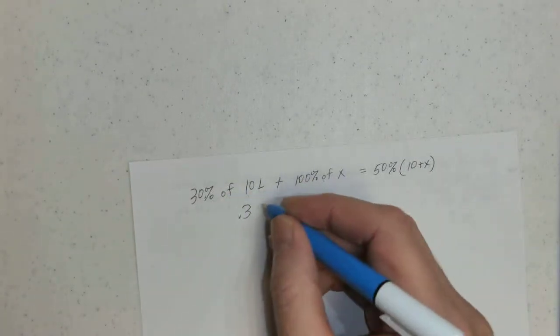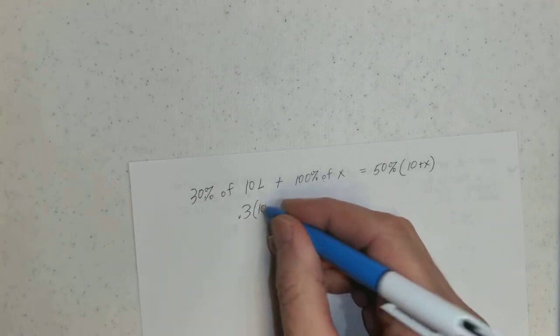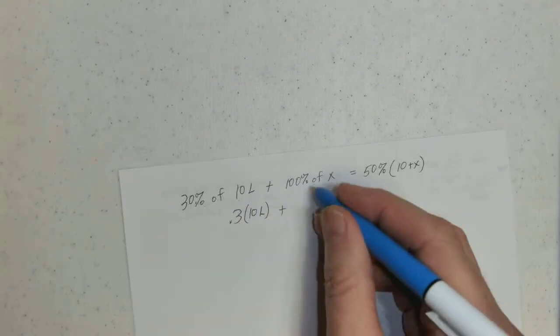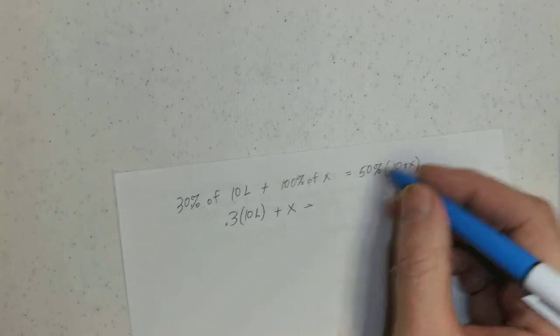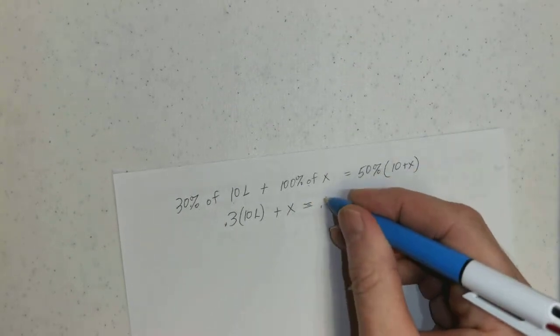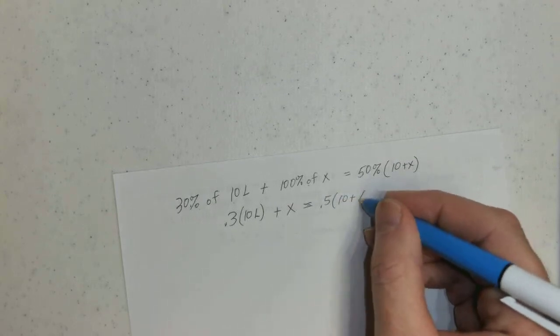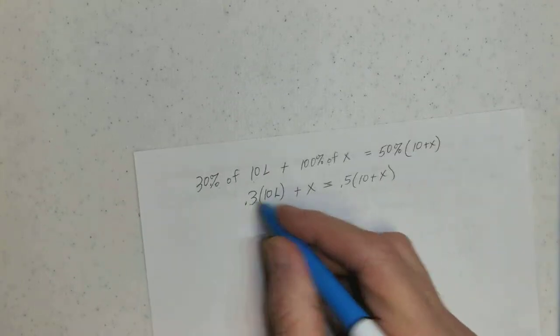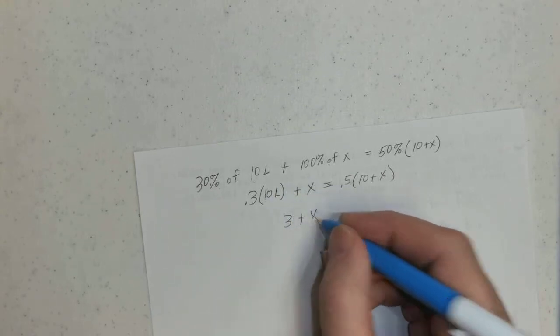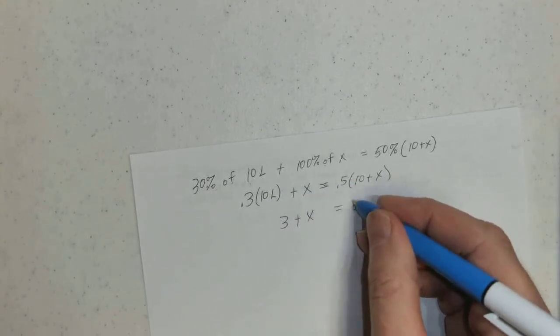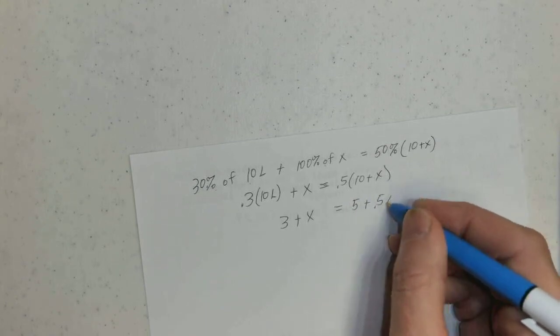So 0.3 times 10 liters plus 1, or X, equals 0.5 times 10 plus X. 0.3 times 10 is 3 plus X equals 5 plus 0.5X.